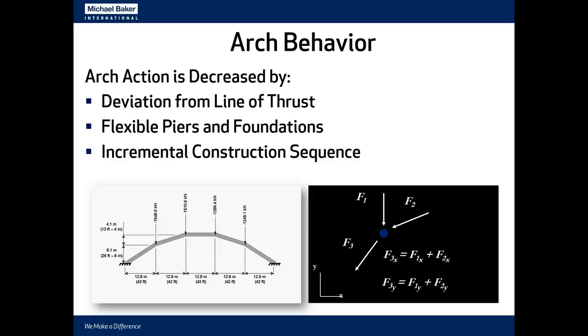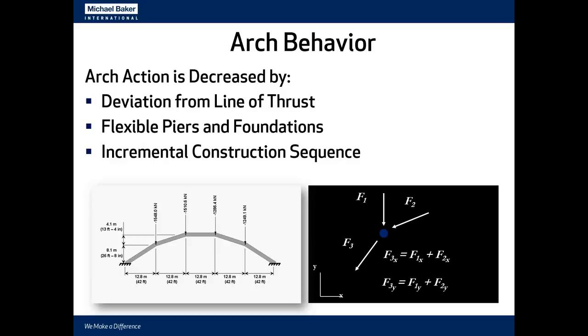Well, let's talk for a little bit in general terms just about arch behavior. It's been my experience, reviewing models of arches, that oftentimes people will just assume that the boundary conditions for a fixed end arch should be a fully fixed support at each end. As we saw in this project, though, the actual boundary conditions of an arch, whether it's founded on rock or on tall or more flexible piers, and how flexible the foundation may be, actually play a very large role in determining what the forces in an actual arch will be.